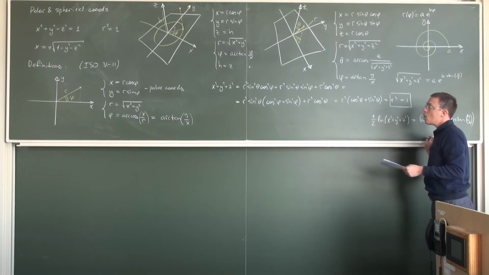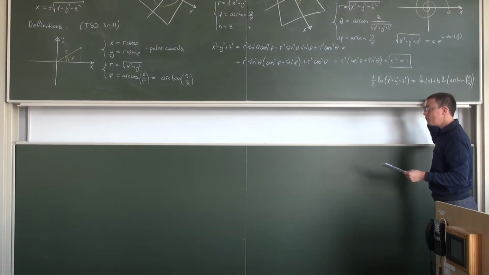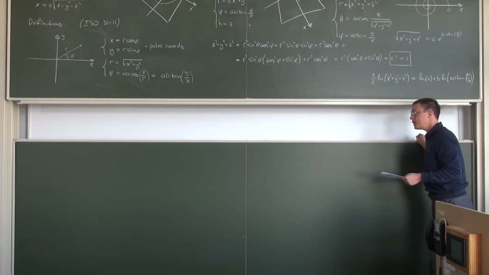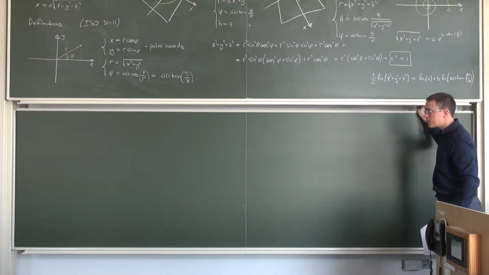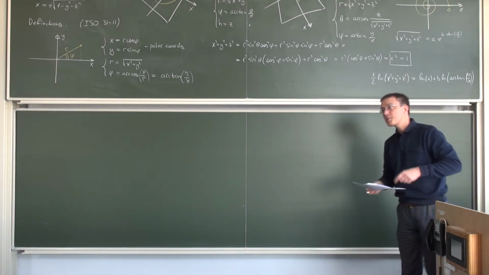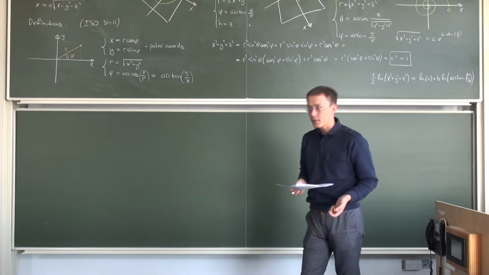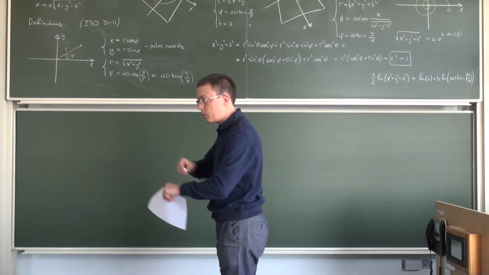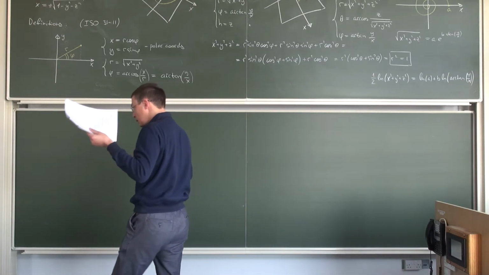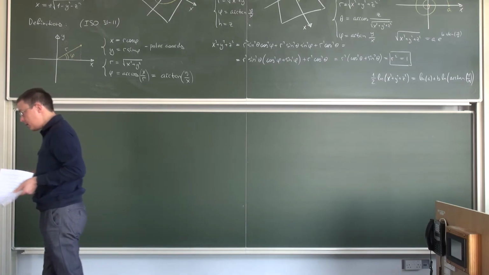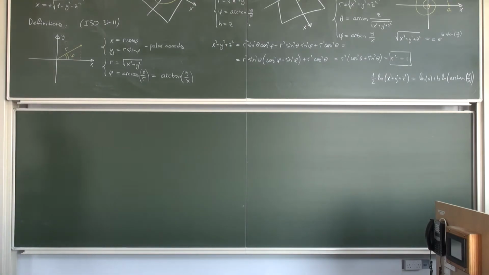Let us now also, because we will be dealing with differential equations, go through the transformation of derivatives. Because now that we've got some differential equations in Cartesian coordinates, we need a way of translating them into polar and spherical. And for that, I will remind you of the multivariate chain rule.